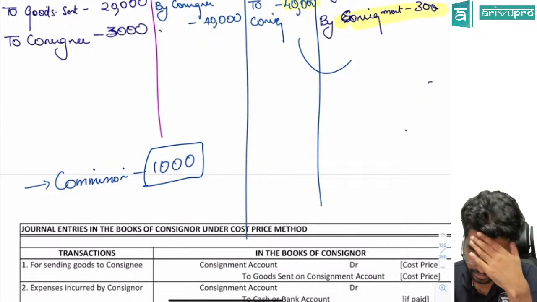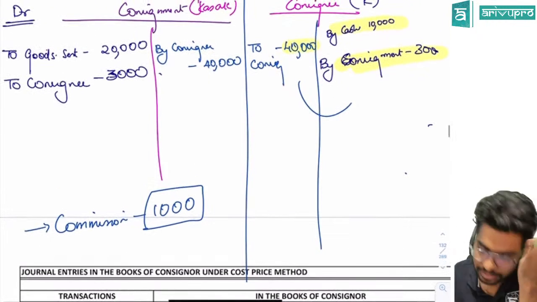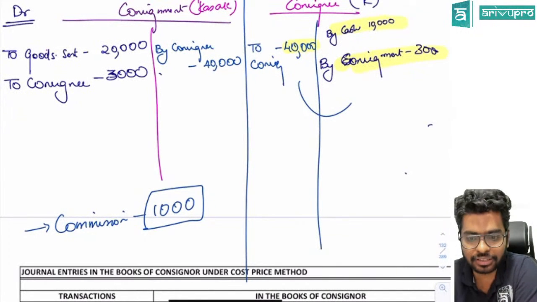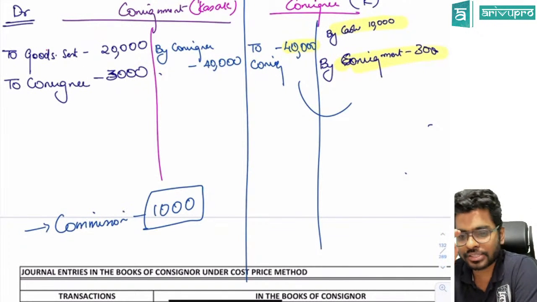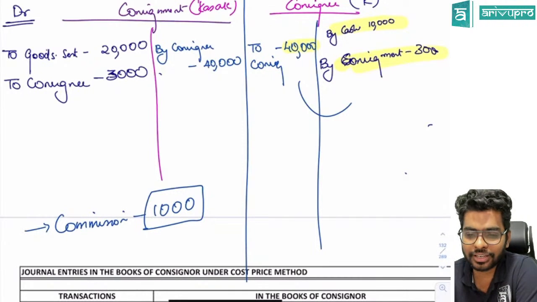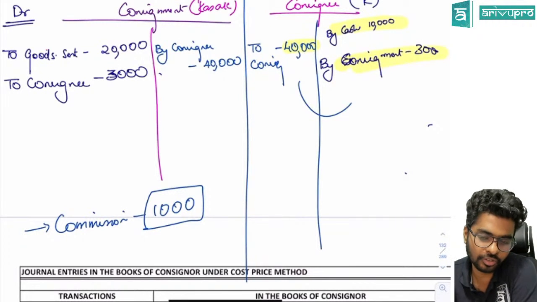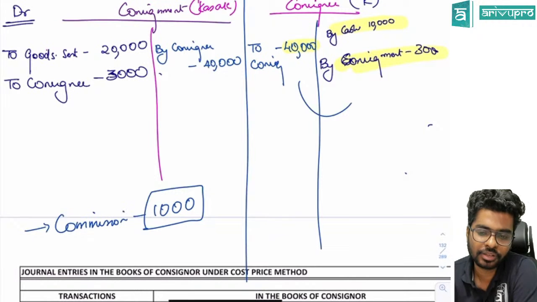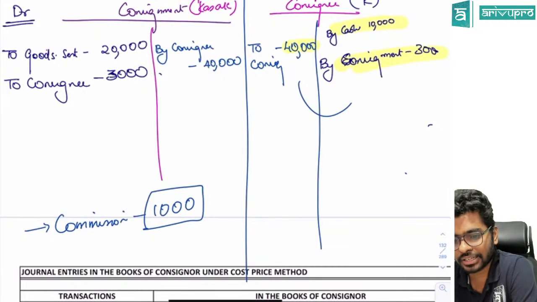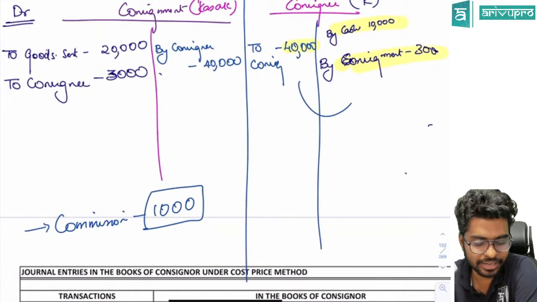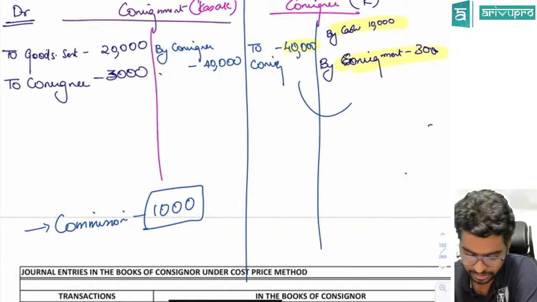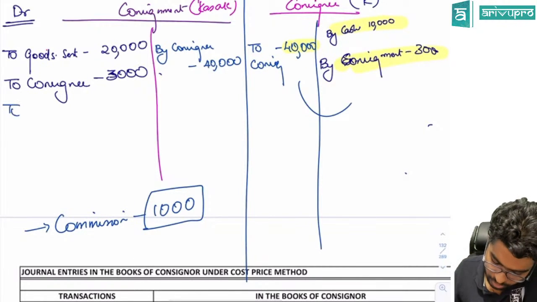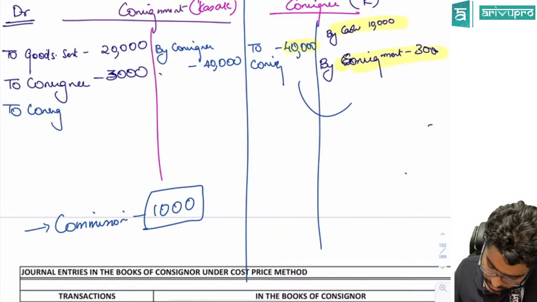Sri Charan, you are right. When there is a commission, guys, in the consignment account, there is nothing called expenses or other things. It is about who is incurring it and to whom I have to reimburse. The expenses are incurred by the consignee. All my income and expenses are going to come to the consignment account. So it will become to consignee account.